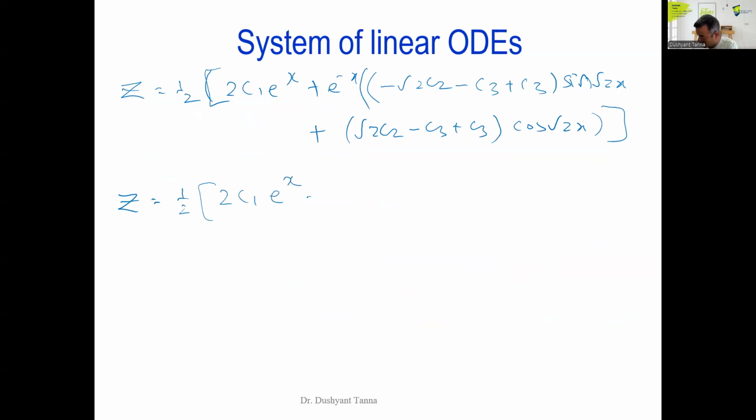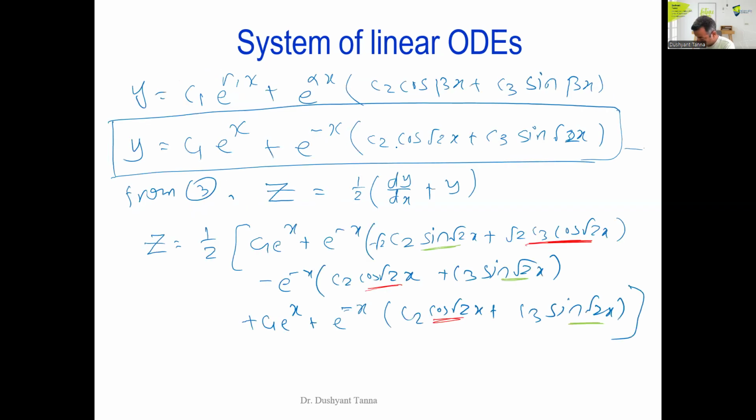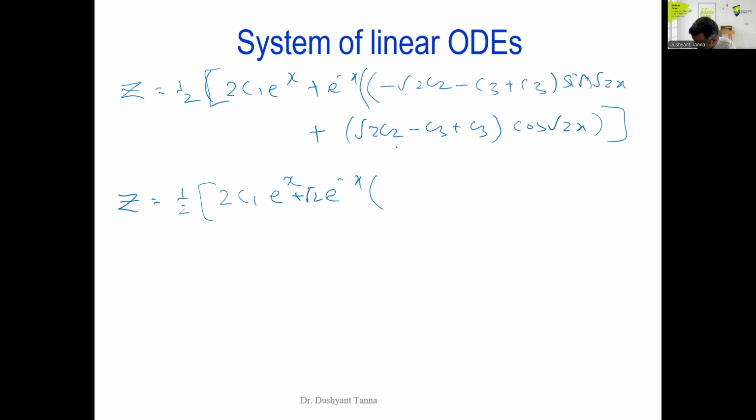We can see root 2 is common everywhere, so let's take it out. Root 2, and therefore we'll be left with, sorry, did I miss the constant? Yes, I definitely missed it.